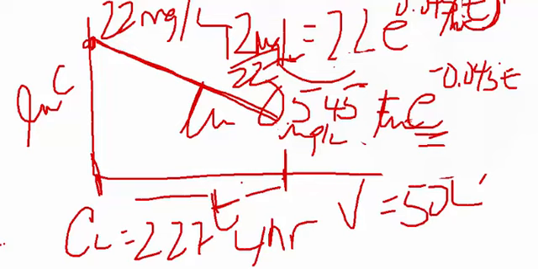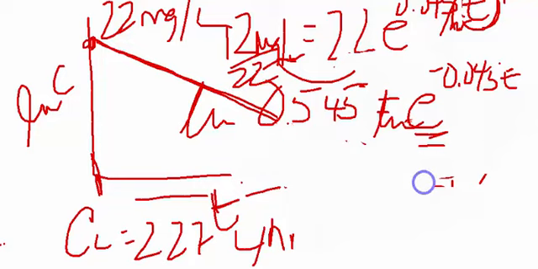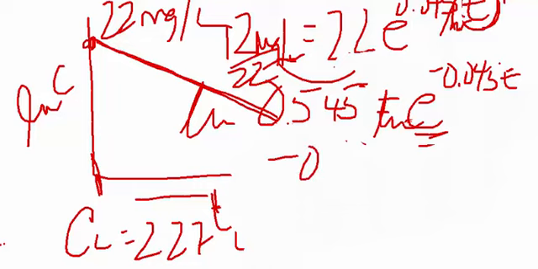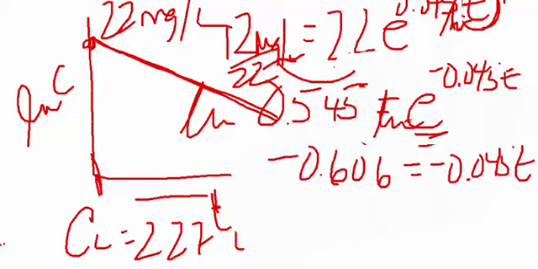Okay, I'm going to have to erase some here because I'm running out of room. So the natural log is minus 0.606 equals minus 0.045 t per hour. Okay?